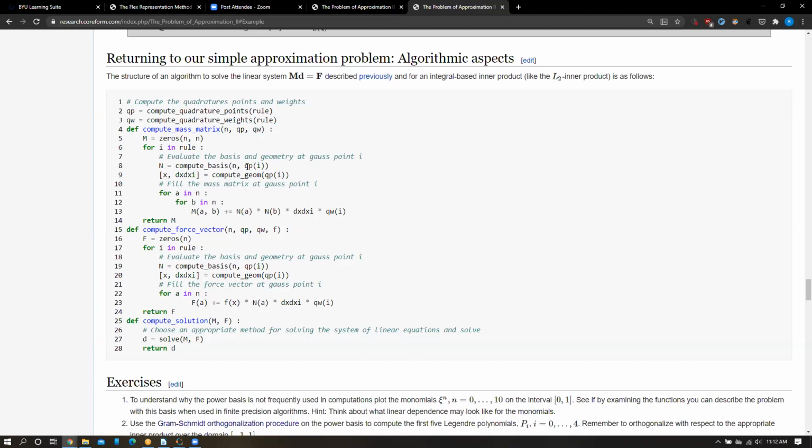Isn't it n minus 1 in this case, because your mass matrix is n by n? So it's not exactly the polynomial degree? Let's see. So the mass matrix is n by n. Yeah, so you'll be degree n minus 1. That's right. So that's an error. So that should be n minus 1. I'll fix that. Thanks, Caleb. Okay.